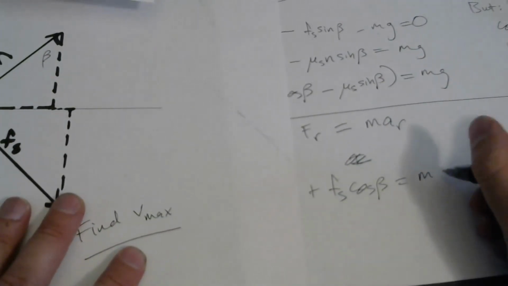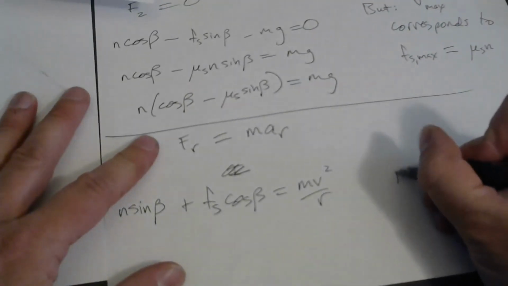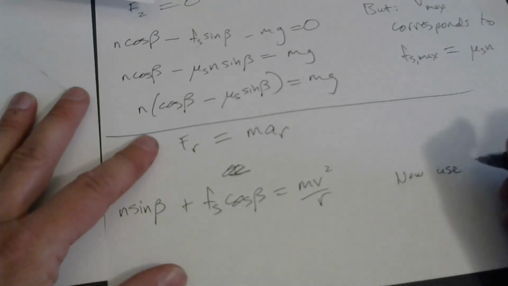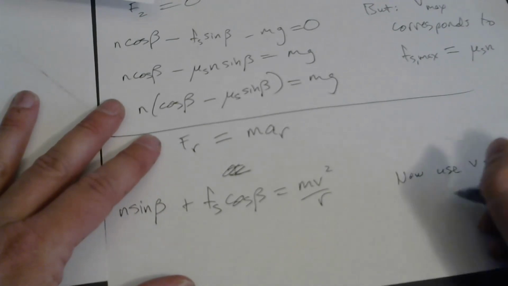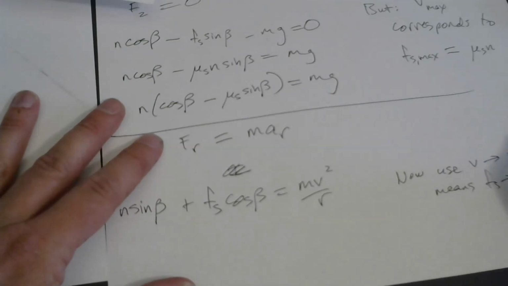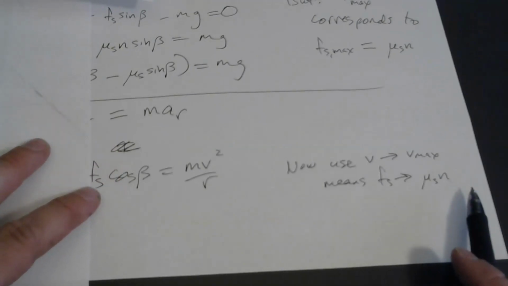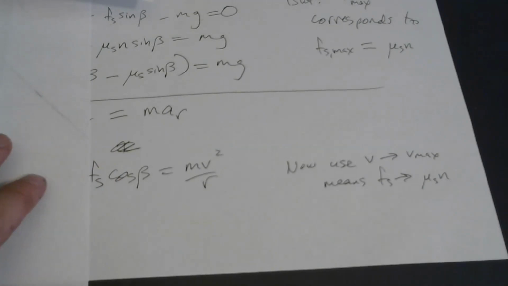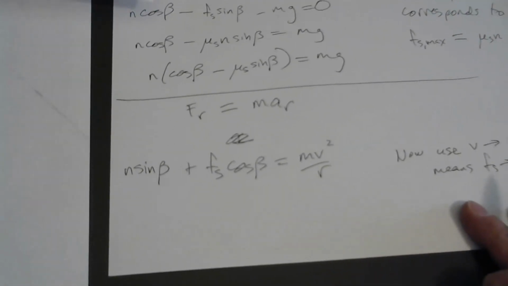That's got to equal m v squared over r. And now we'll say v goes to v max, which means Fs goes to Fs max, which is mu times the normal force. Static friction is not always simply mu times the normal force, but it is in this instance because we're evaluating this scenario at the max possible speed, which implies max possible friction.